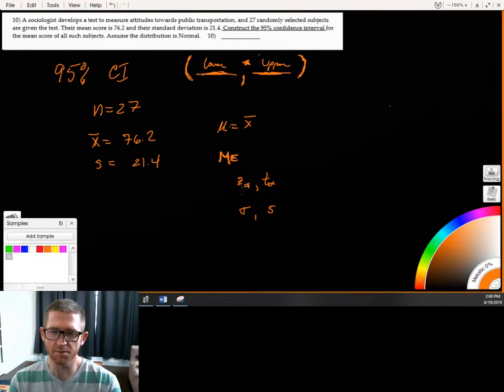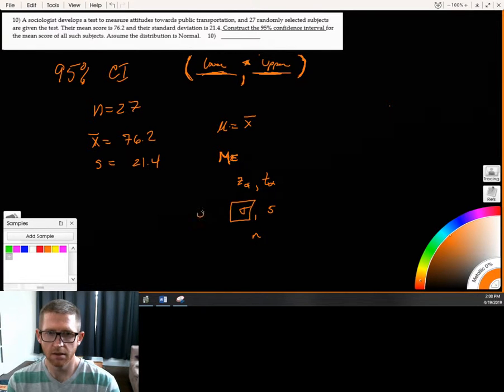Then you can use a specific formula to calculate the margin of error. It's all based on the sample size, the standard deviation, and the critical values.